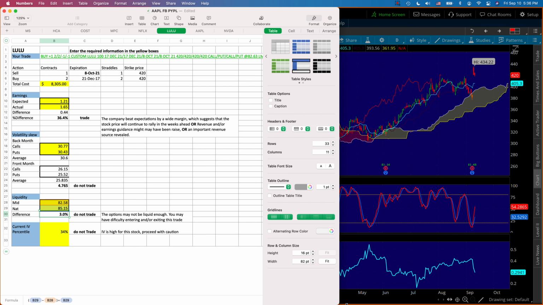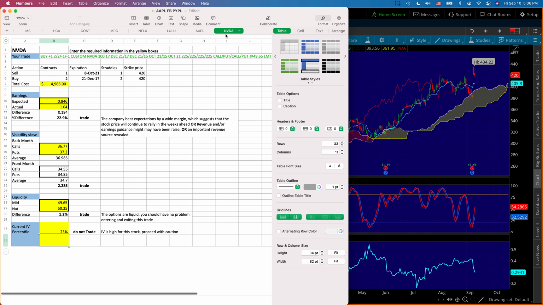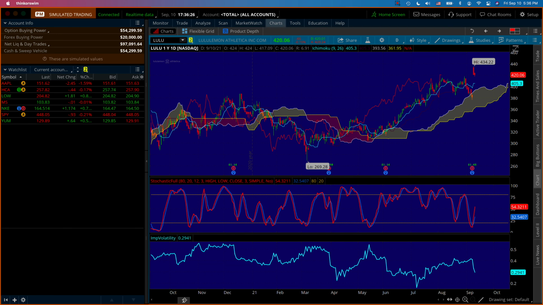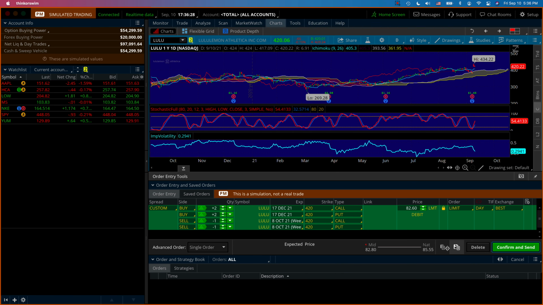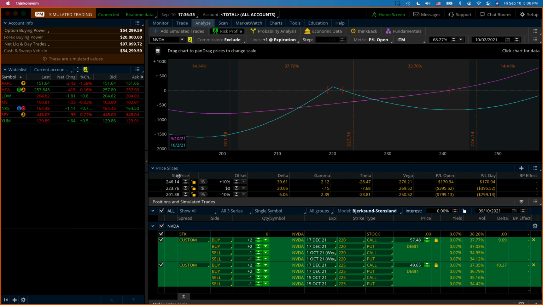Okay, and then I had Apple considered too. We have an Apple trade. Nvidia is the one that we should be looking at. So let me copy that, put it here, paste it, analyze it, and here's our trade.